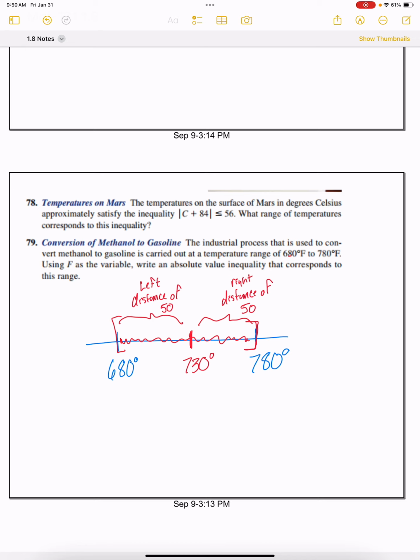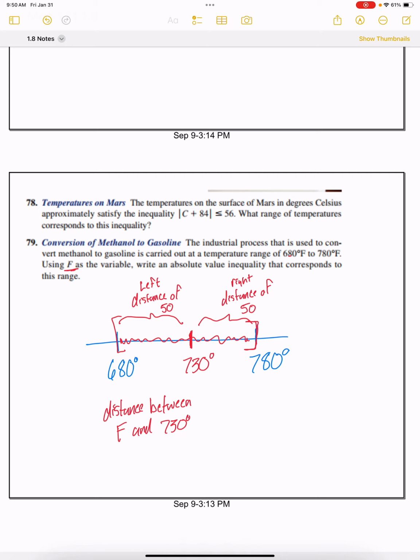So here we go. Now we're saying the distance between, well, F is my variable, so I'm going to say F and my center point, 730 degrees, has to be less than, or I'm also doing it equal to.